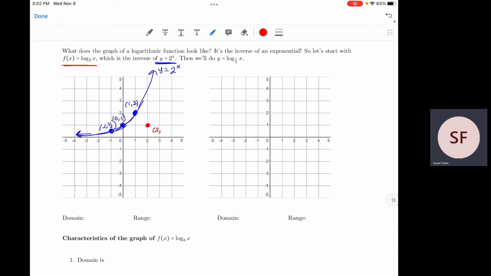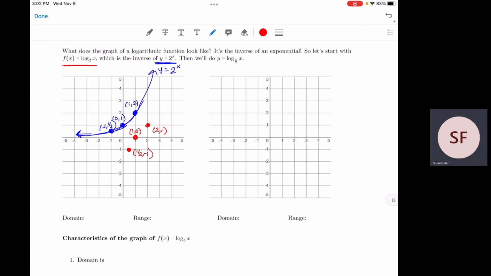The point (0, 1) becomes the point (1, 0). And this point (-1, 1/2) becomes the point (1/2, -1). So these red points are points on my inverse function of y equals log base 2 of x.